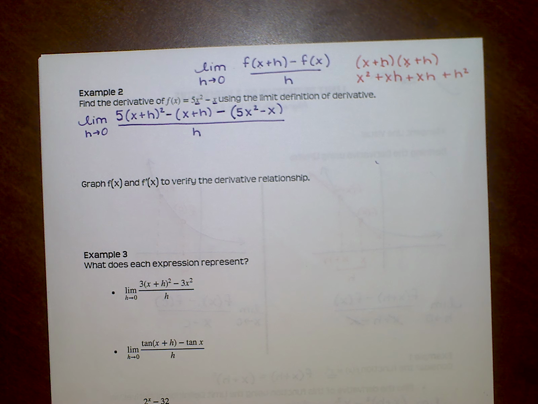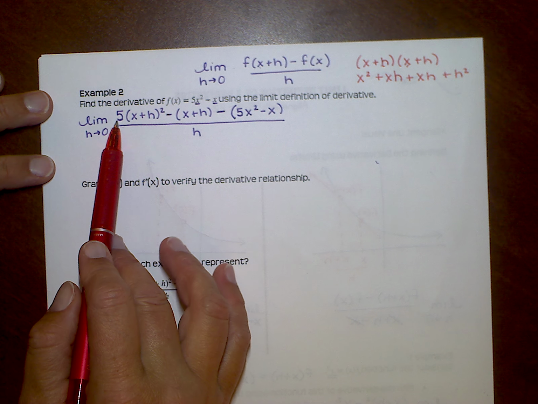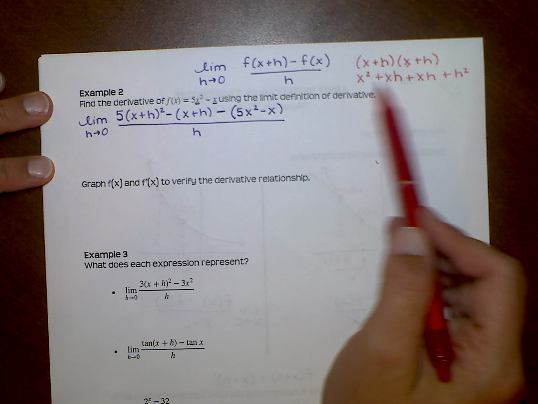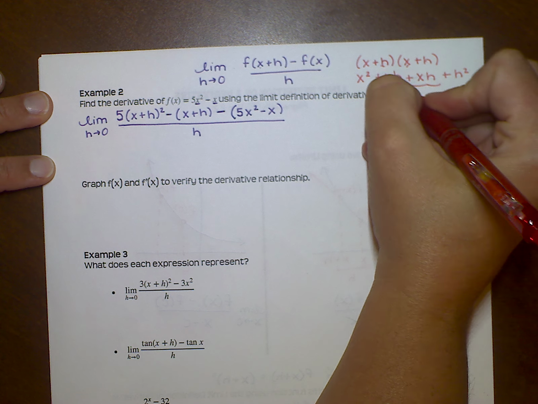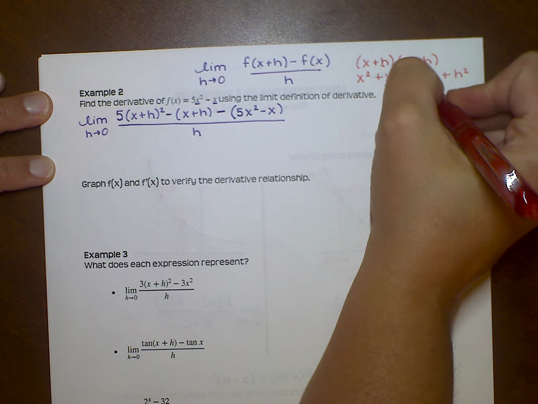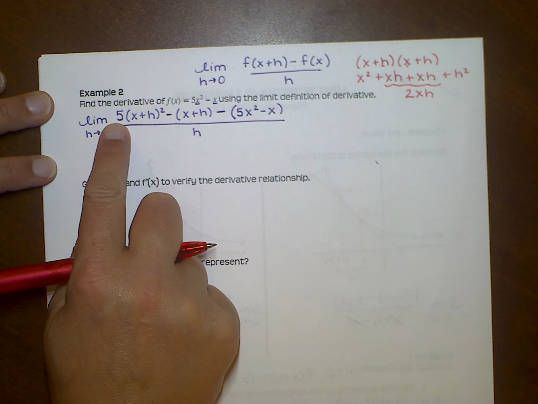Okay, so that's what the FOIL looks like of just x plus h times x plus h. This also has a 5 in front of it. So I'm basically taking these pieces, which remember this would actually give me a 2xh, and I'm going to multiply all of them by 5.